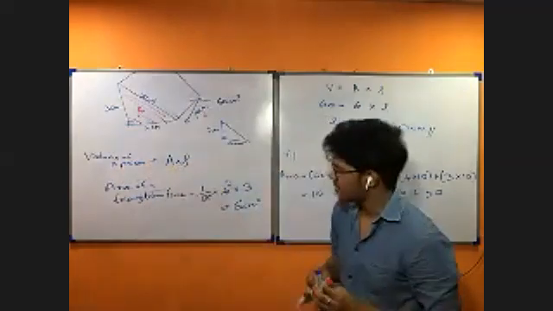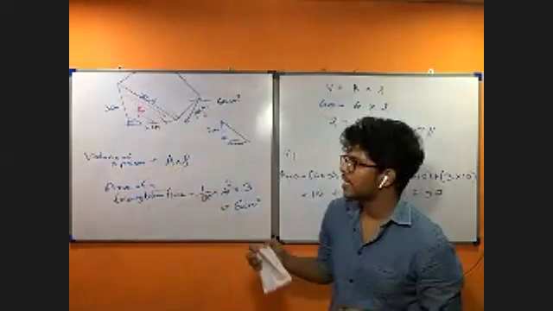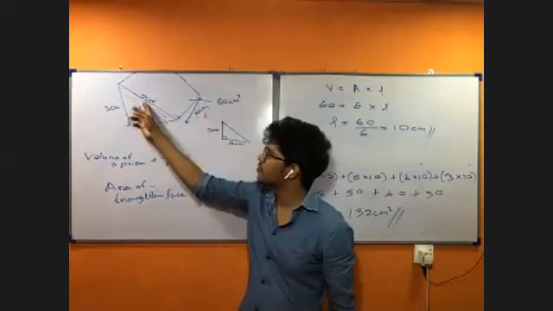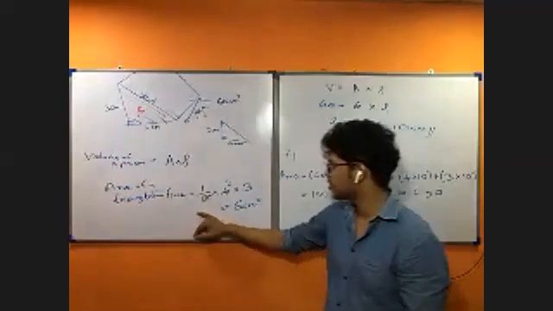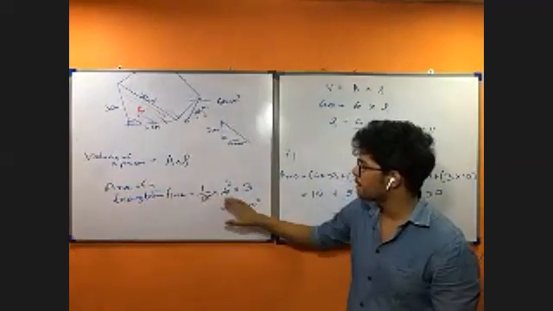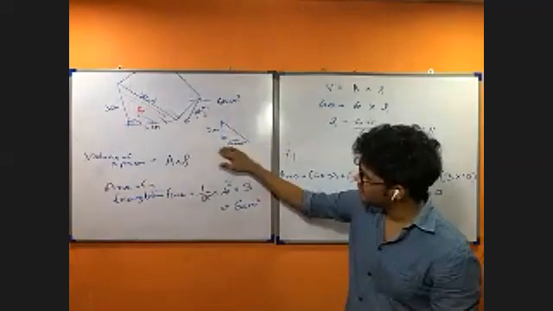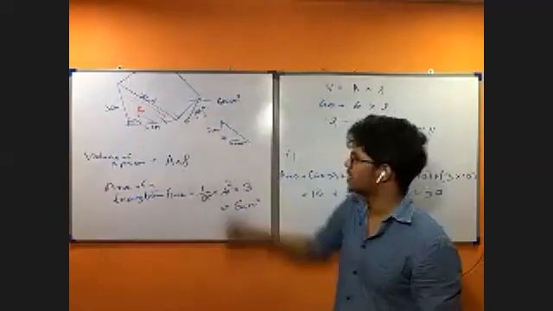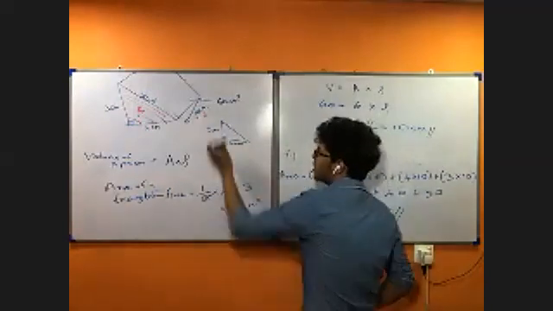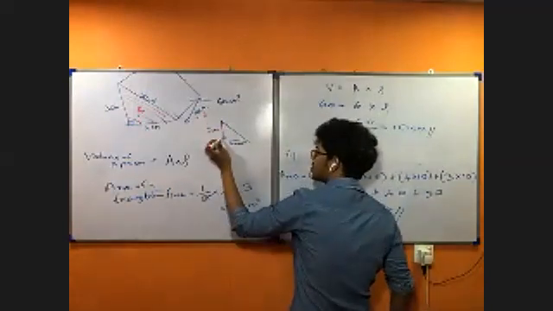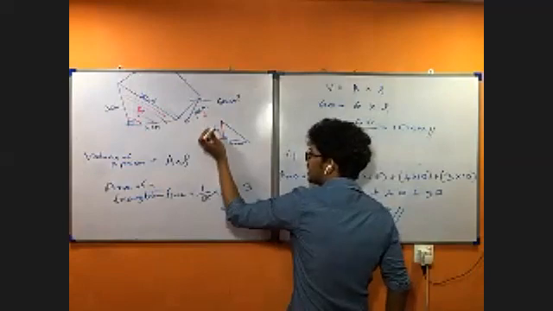But what is the area? I don't know the area of the triangle, so you need to find the area of the triangular face. It is going to be half into base. Base is 4 centimeters and the perpendicular height, if you drop a perpendicular from the opposite vertex to the base, is 3 centimeters.